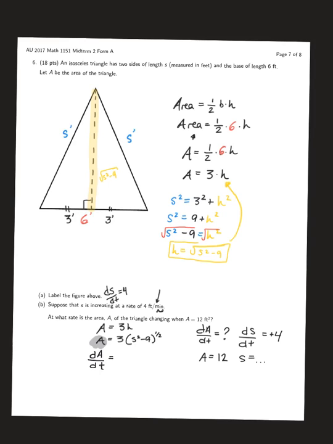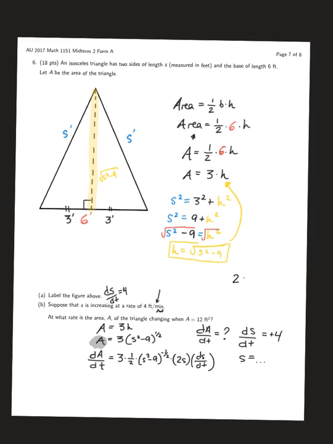And here I just use the chain rule. This gives me 3 times 1/2 times (s squared minus 9) to the negative 1/2 times 2s, and the most important part, we cannot forget this, times ds/dt.